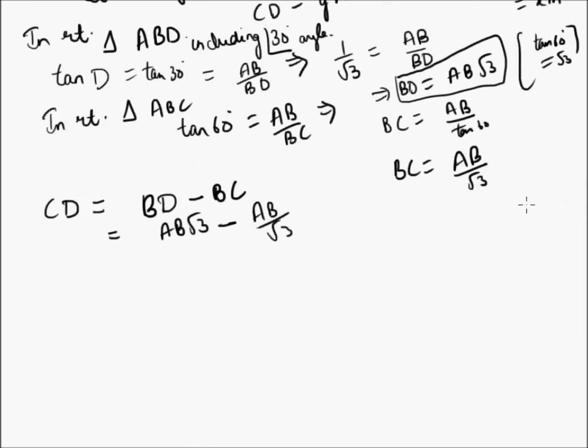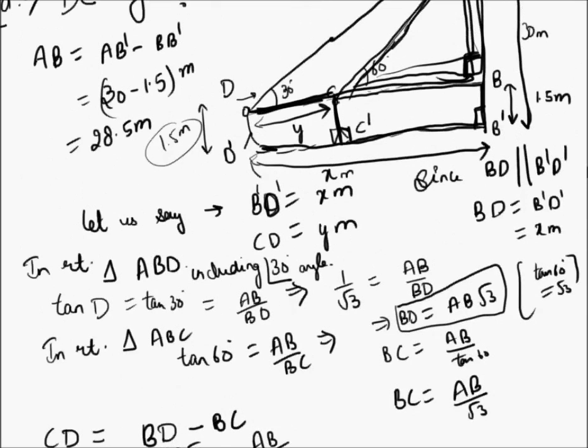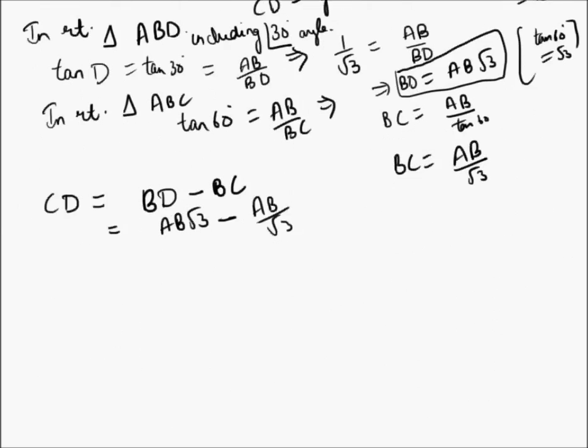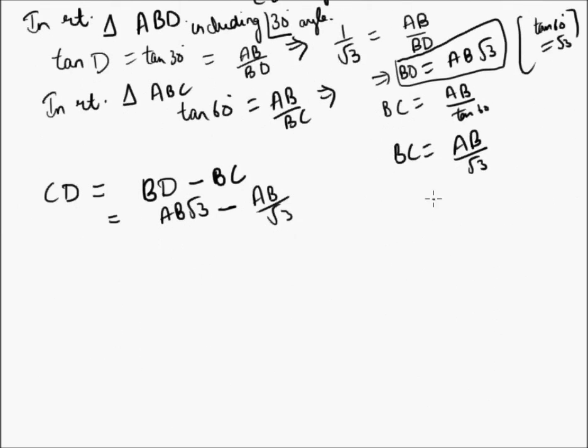Now what is AB? The value of AB is over here. We have calculated it to be 28.5 meters.